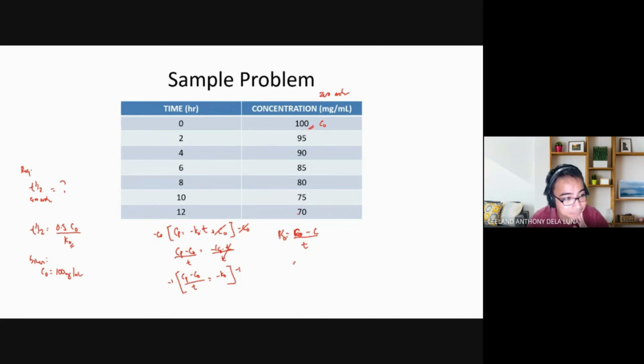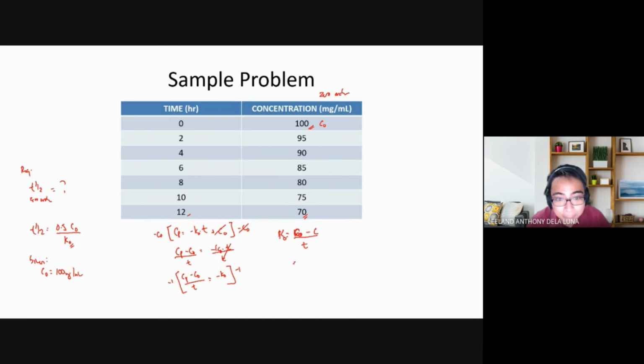It means the rate of reaction, the rate of elimination, is already stable. That's why I always use the last data set. Again, you can use any data set here. In my case, it's just my preference, I always use the last data set.